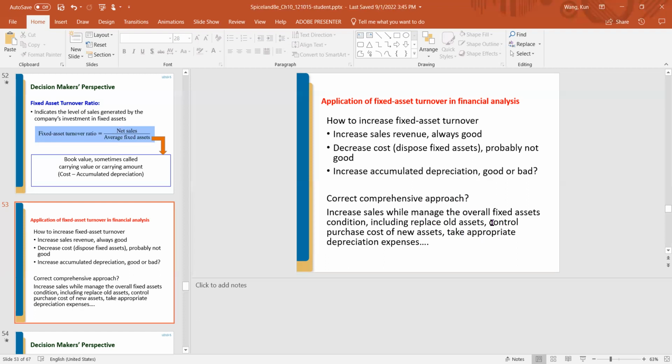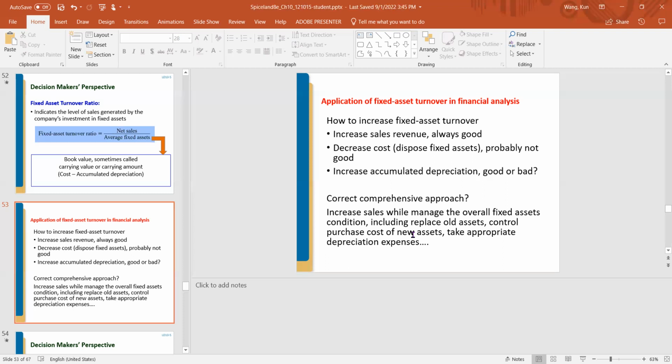Then also control the purchase of new assets to minimize the cost if you need to buy new assets. In the meantime, take appropriate depreciation expense as it should be, rather than intentionally manipulating the numbers to improve the ratio. That's to avoid financial manipulation or earnings management. So it's a comprehensive approach of fixed asset management and sales management.